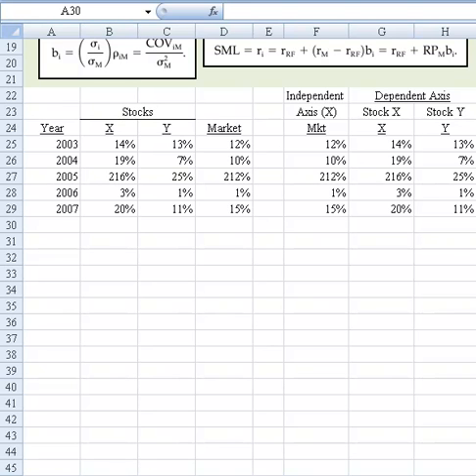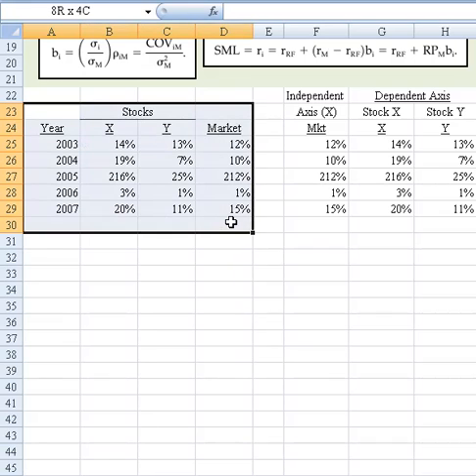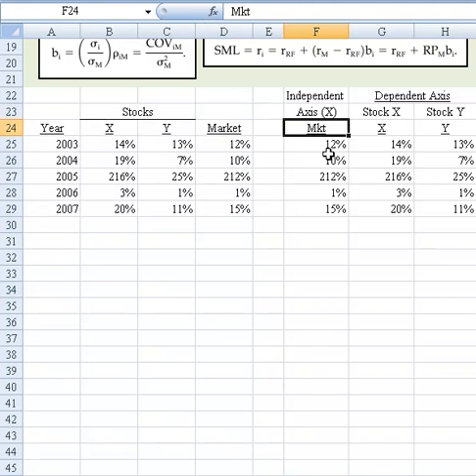Now I've slid to give us some room, and you can see here the data that we had originally in the problem. I've lined it up to show you that the market return is the independent variable, and then we'll look at the dependent variable for X or Y. I'm going to calculate the beta for stocks X and Y using three different methods.